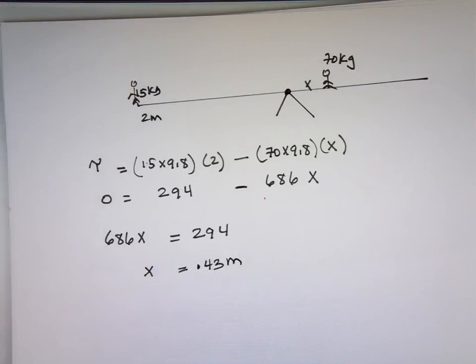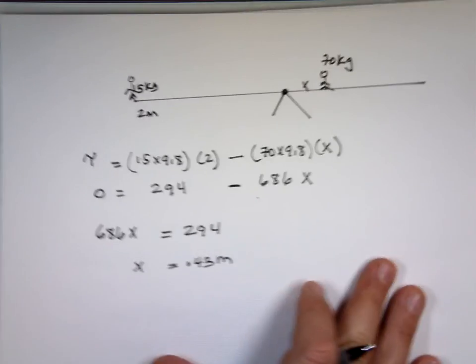So if you sit roughly about 0.4 meters from the pivot, then you can have fun. You can go up and down. So that's the definition of torque.